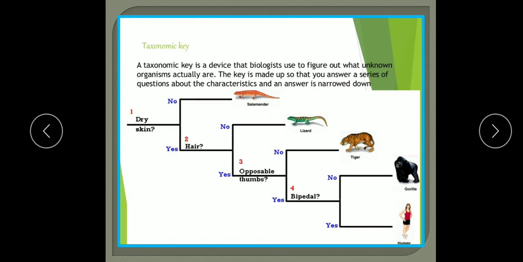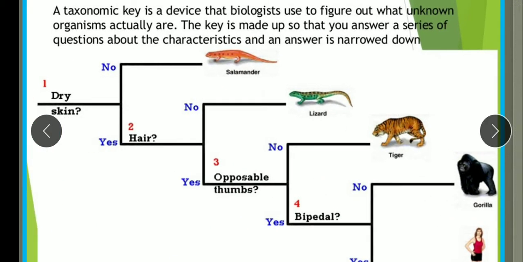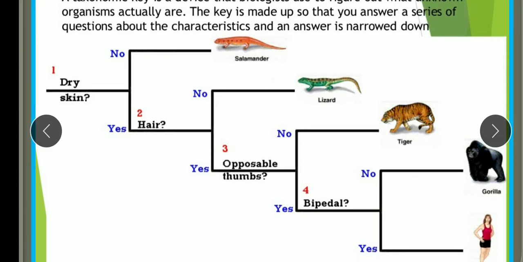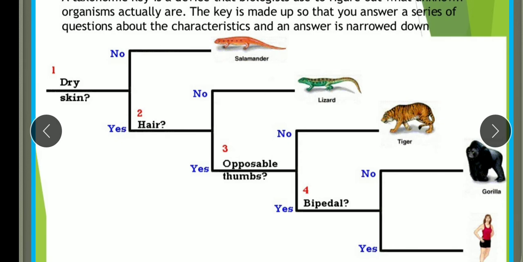Here, suppose we want to identify the following animals, including human: gorilla, tiger, lizard and salamander. So first we have to identify the distinctive features of each member of the group.